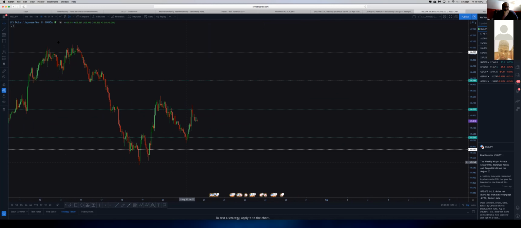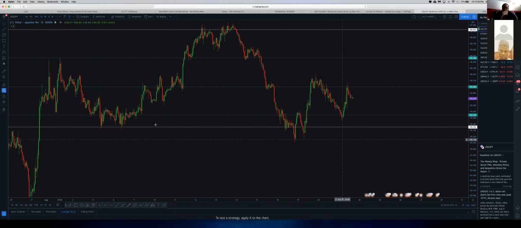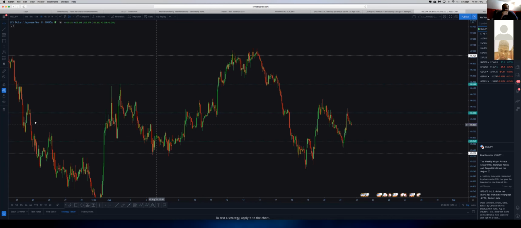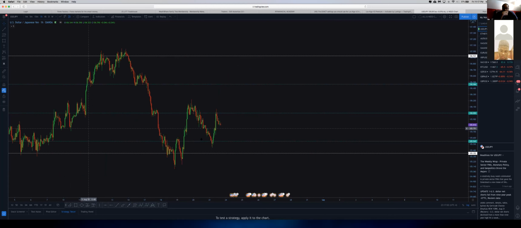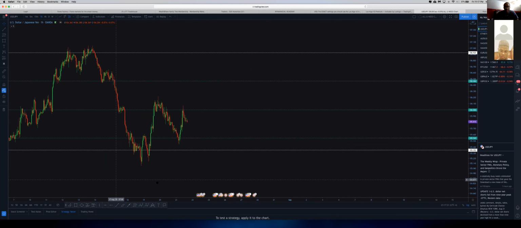Yeah, UJ, when the market opens up, you might end up getting some good sells from it, because when you look at the pattern, even the most recent high is lower than the previous one.